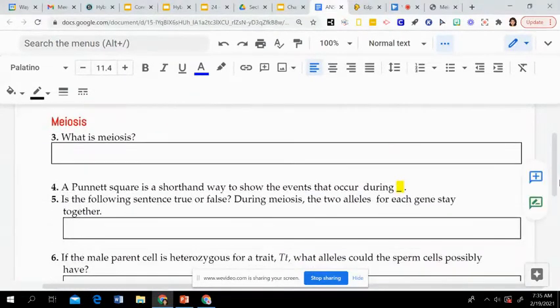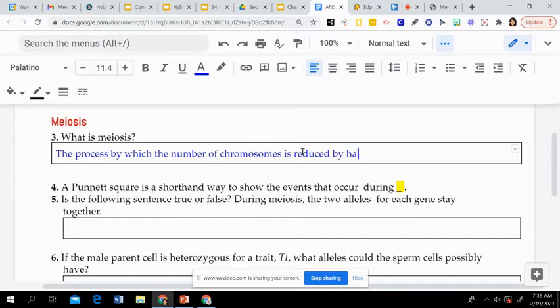When we go down to 3, what is meiosis? This is what that section is talking about. This is the process by which the number of chromosomes is reduced by half, so it's split in half to form the sex cells, which are the sperm and egg.